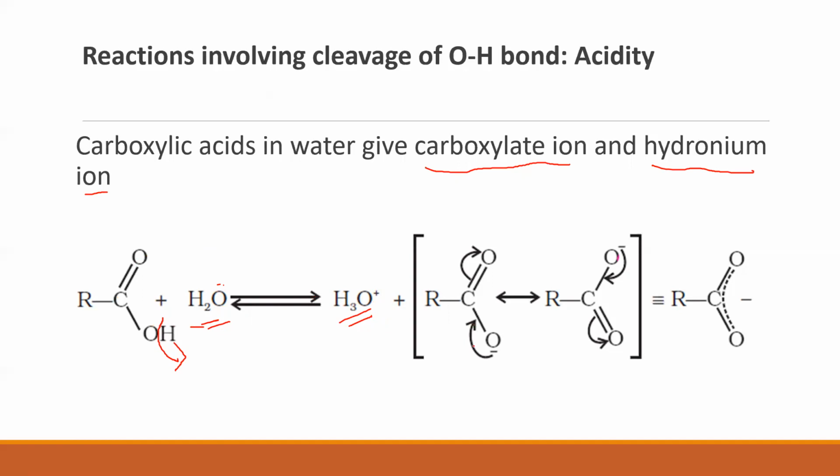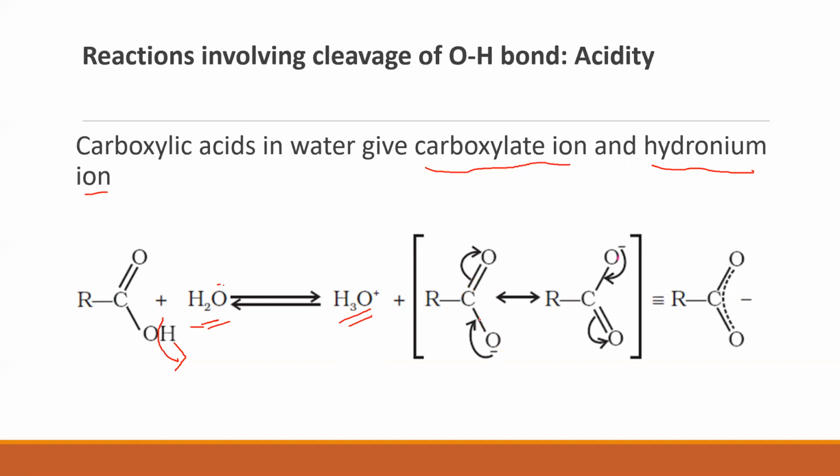Now, when you see a carboxylate ion here, it shows resonance. Now, why does it show resonance? Because I have a negative charge and a pi bond present at alternate positions, resulting in pi charge conjugation. Now, whenever there is conjugation, it will lead to resonance.